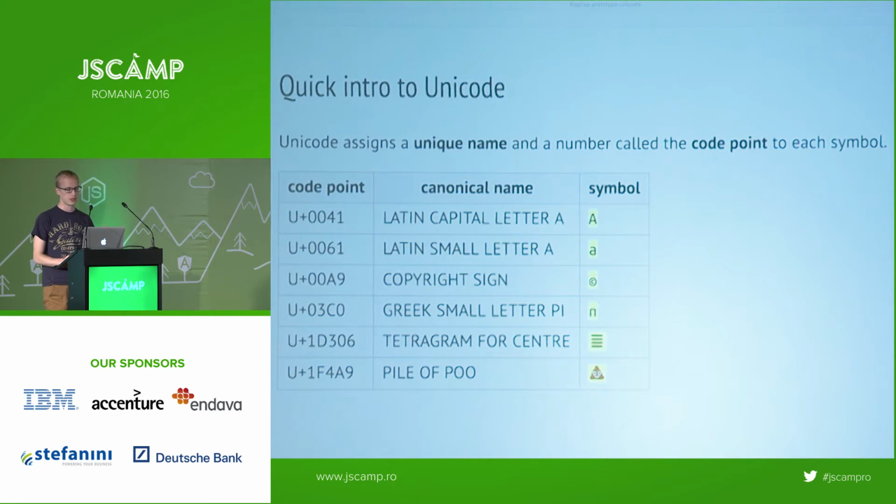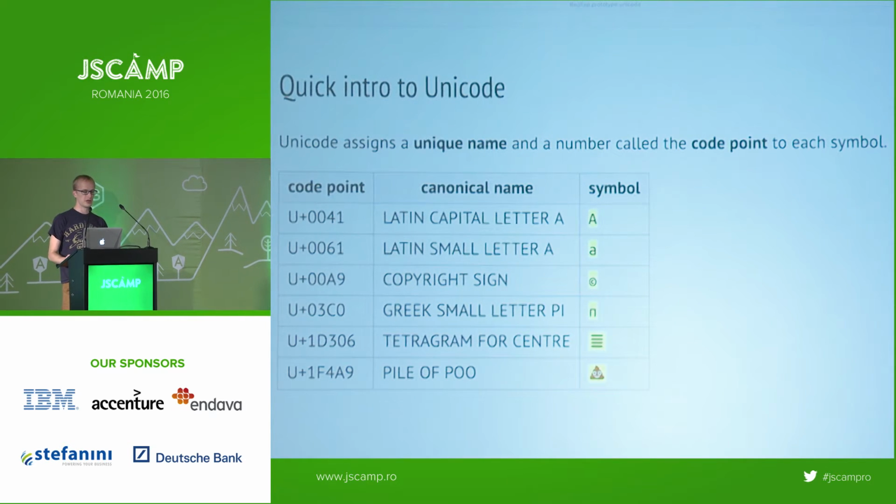Now there's, of course, a lot of symbols in Unicode. Here's just some examples. For example, the Latin capital letter A has the code point U+0041. And code points are usually formatted this way. So they're hexadecimal digits with the U+ prefix. And usually there's 0 padded up to at least 4 hexadecimal digits as well. Now, there's a lot of other characters. For example, the Latin small letter A is a completely different symbol, so it deserves its own place in Unicode, its own code point, and its own unique name.